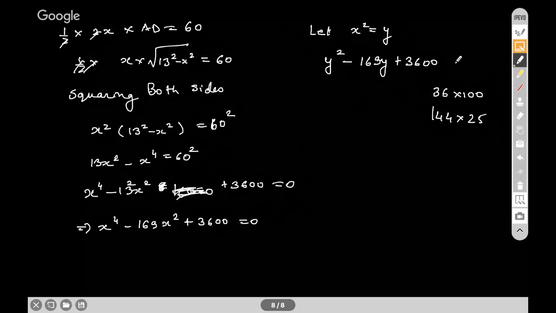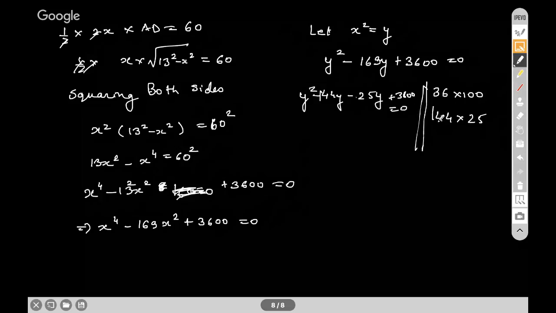So this is equal to 0. So hence, what will you say? You will say y square minus 144y minus 25y plus 3600 equals 0.